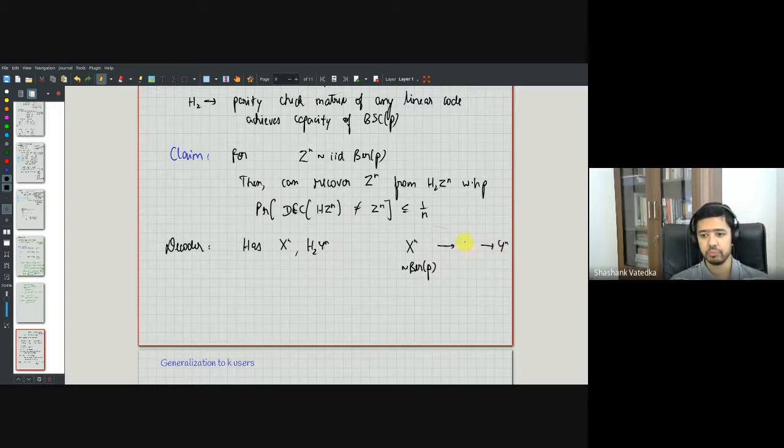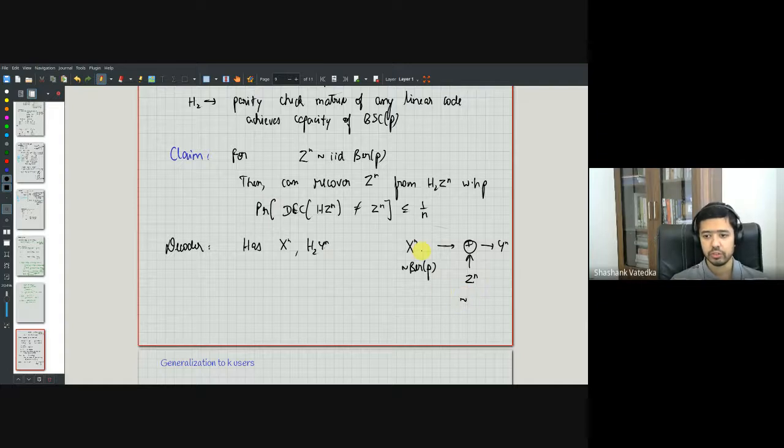The BSC p can be viewed as an additive channel, where the addition is not on the reals but over the binary field. So basically, it's just the bitwise XOR.